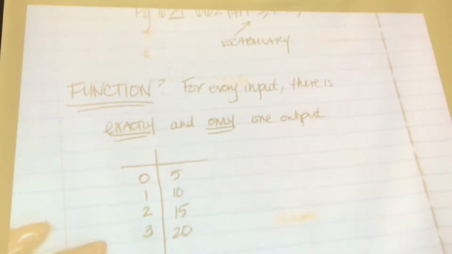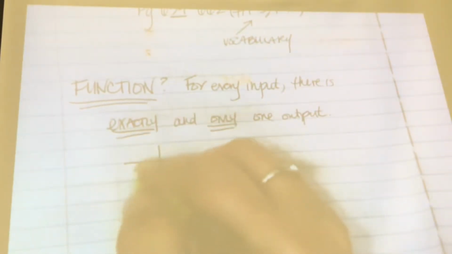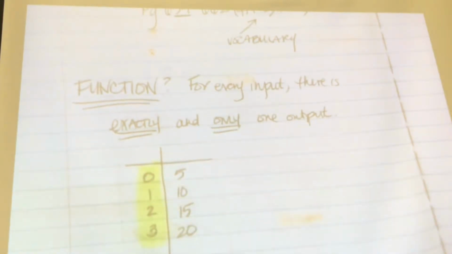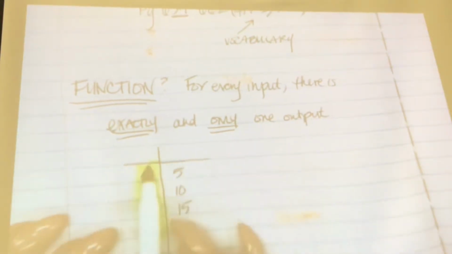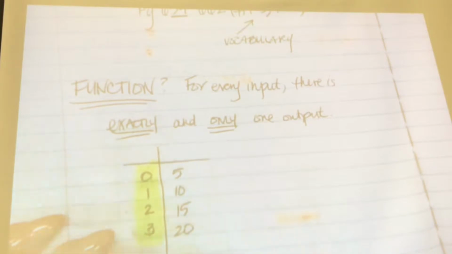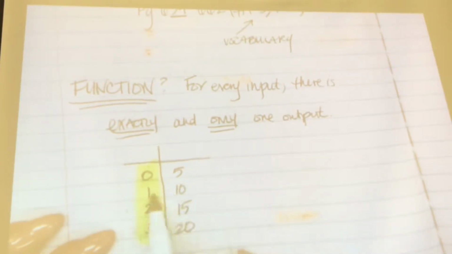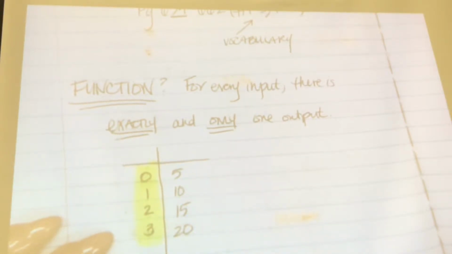This is a definition of a function. So you'll notice each x has a different y. It's not like this 2 has a 10 and the 1 has a 10. They have different values. So this would be an example of a function.